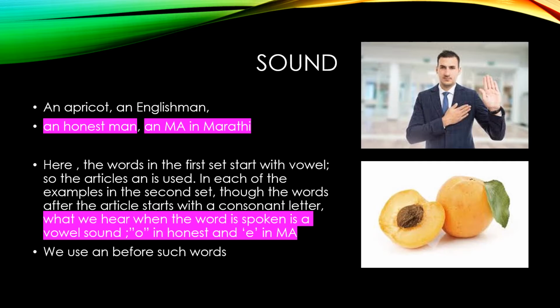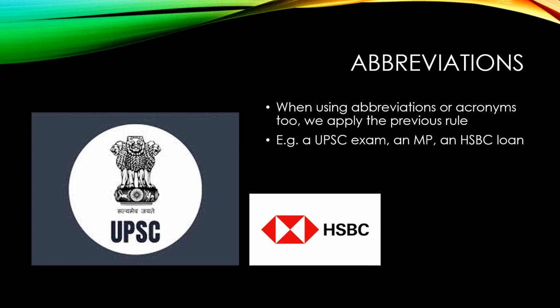In each of these examples in the second set, though the words after the article start with a consonant letter, we hear the sound O in honest and E in MBA. So the sound E is there in MBA, and therefore we use an before MBA.